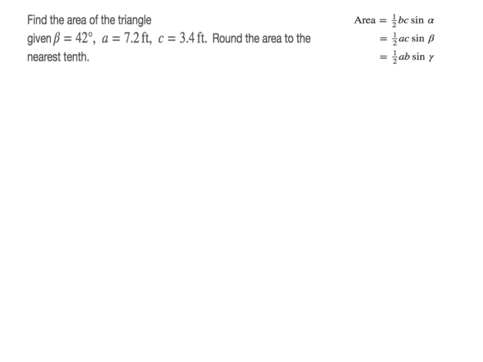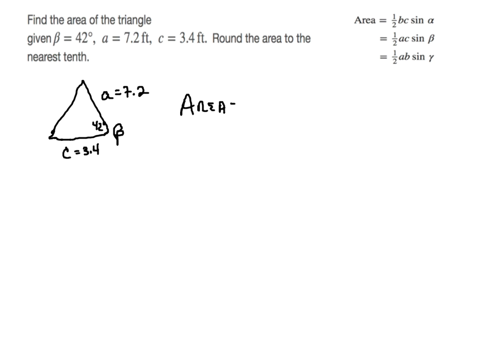We have one more of those to try. So this one, we're given angle beta as 42 degrees, and we're given side A, 7.2, and side C, 3.4.